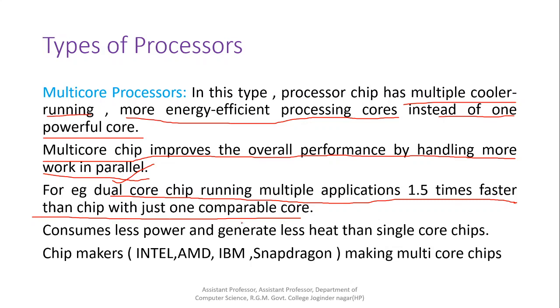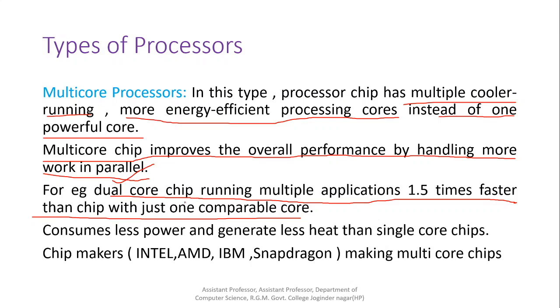Suppose we have an octa core machine, so it has 8 cores, and we want to run multiple applications, like 8 applications. That machine will handle those applications more efficiently and perform better as compared to a dual core machine that will run only 2 applications at a time.